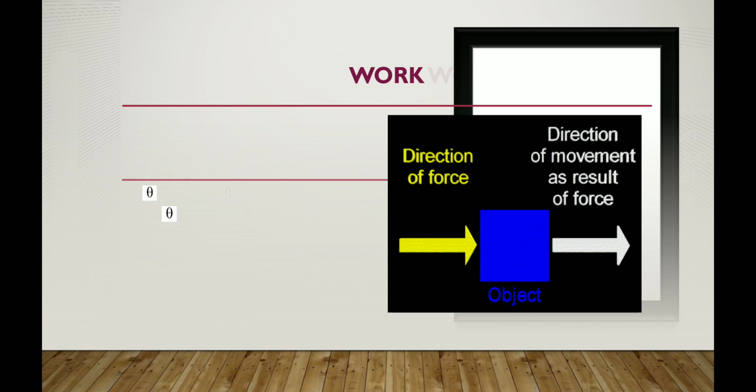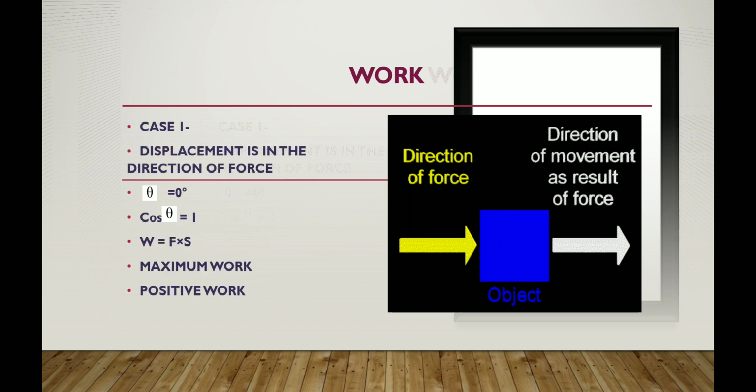This is case number 1, when the direction of force and displacement are same and hence theta is 0 degree. Cos of 0 is equal to 1, and hence this is the condition when we get maximum work and the work is positive, because the theta value is less than 90 degree. An example is that of a freely falling body.